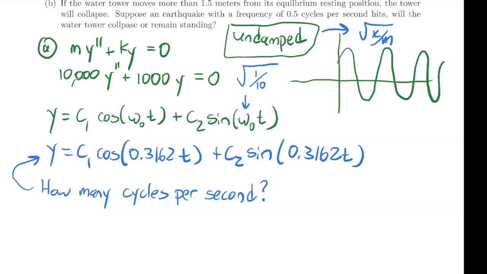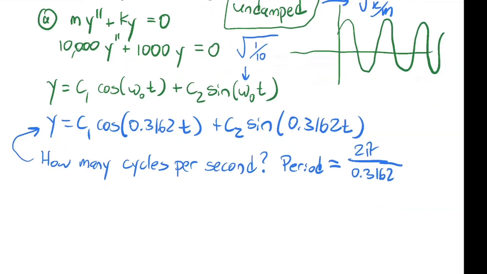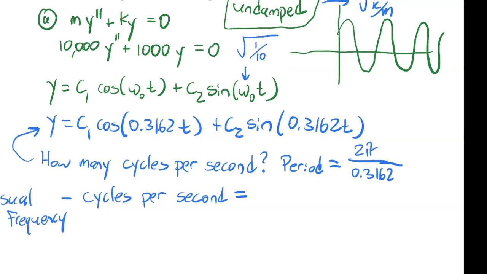Then you said the period is 2 pi over 0.316, right? Yeah, so we can find the period, which is going to be 2 pi over the absolute value of that term, and then just take the inverse of that. So the cycles per second, what we call the usual frequency, would therefore be 1 over the period.